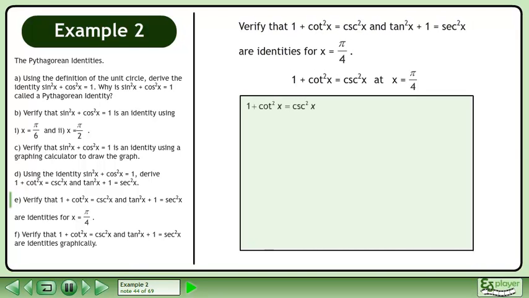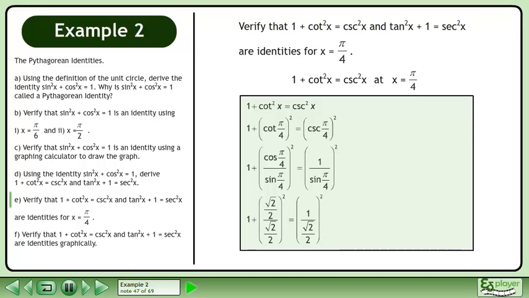Rewrite 1 plus cotan squared x equals cosecant squared x. Plug in pi over 4 for x. Rewrite the cotan and cosecant ratios in terms of sine and cosine. Both cos pi over 4 and sine pi over 4 equal root 2 over 2.